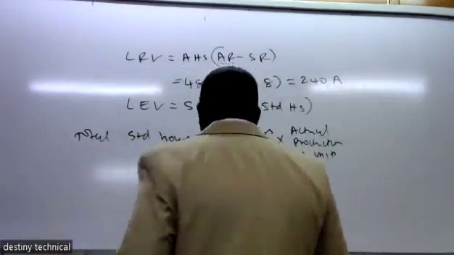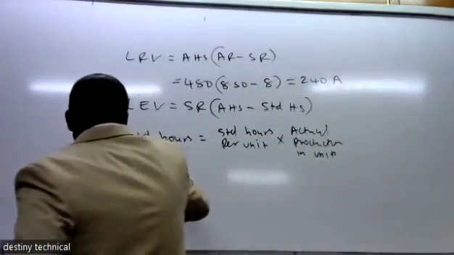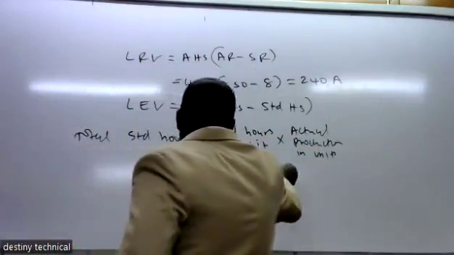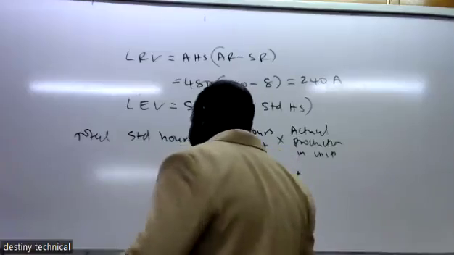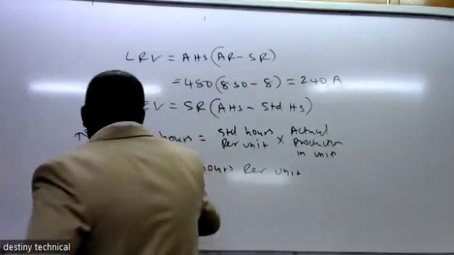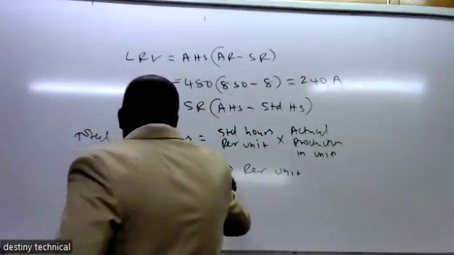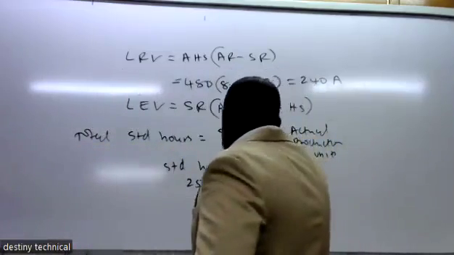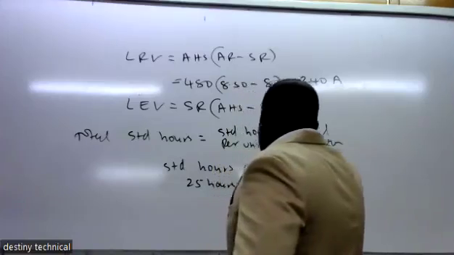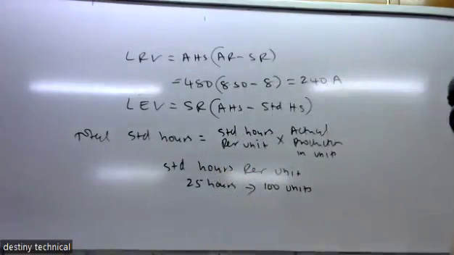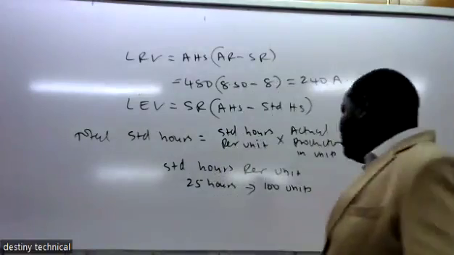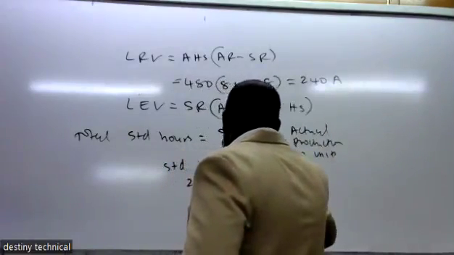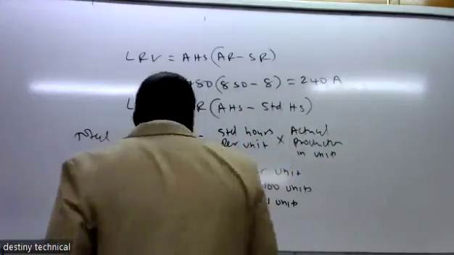So first, get the standard hours per unit. We say that 25 hours is for 100 units. How about 1 unit? How many hours?